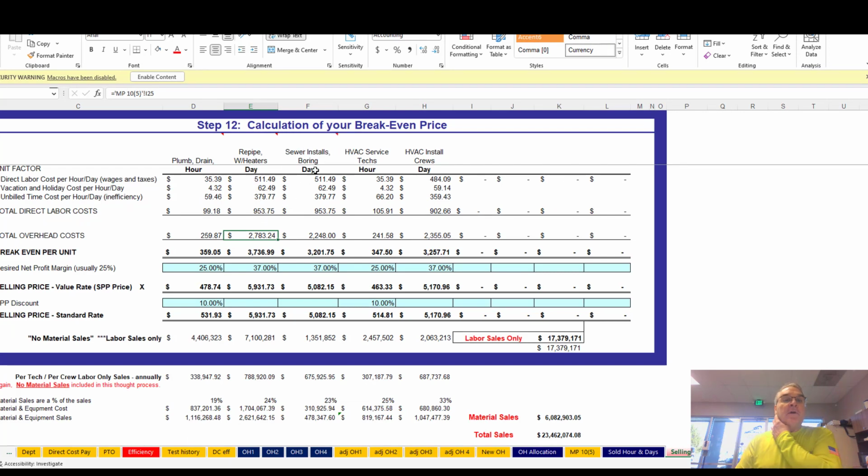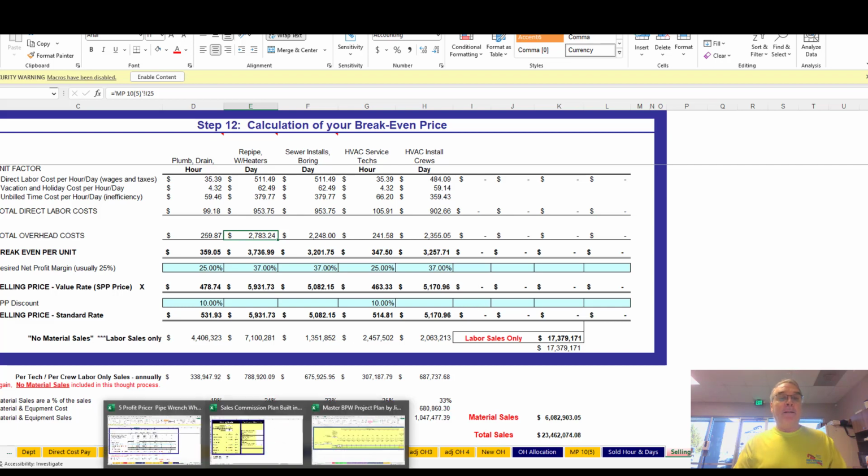So you'll have different departments that are going to have different cost and selling prices. So you need to figure out what that is for you. Okay. And let me go back to the other page here.